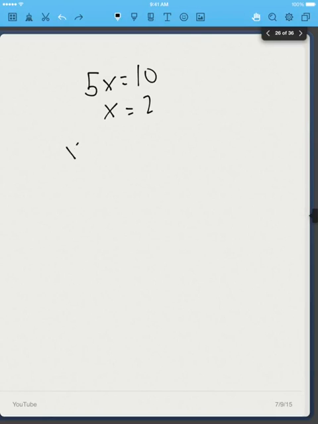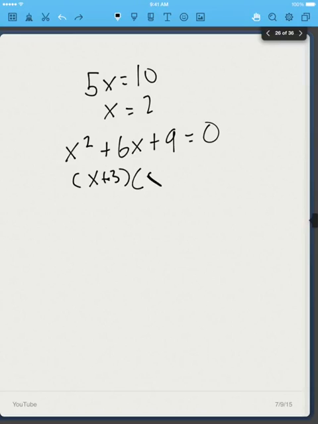If I write down another one, maybe x squared plus 6x plus 9 equals 0, then I can break this into x plus 3 and x plus 3, and that's equal to 0, so x equals negative 3, so there are repeated roots, right? In these cases, I can find analytic solutions to the problem.